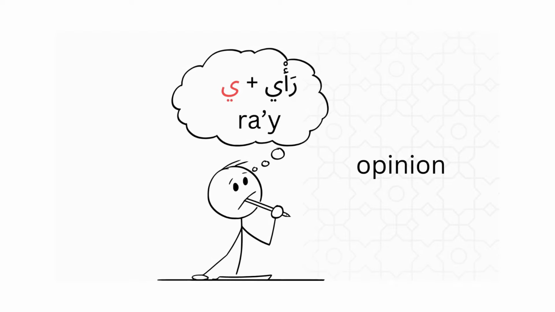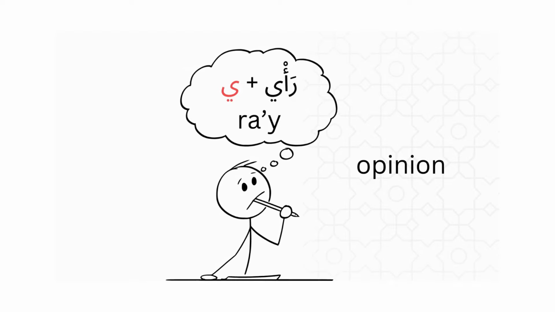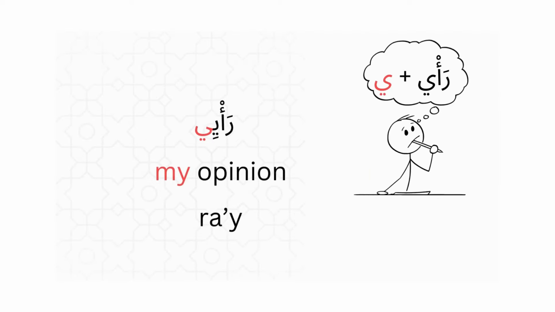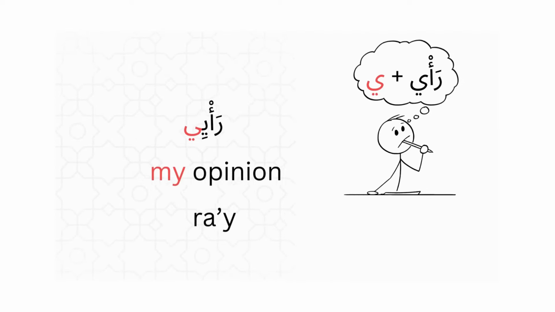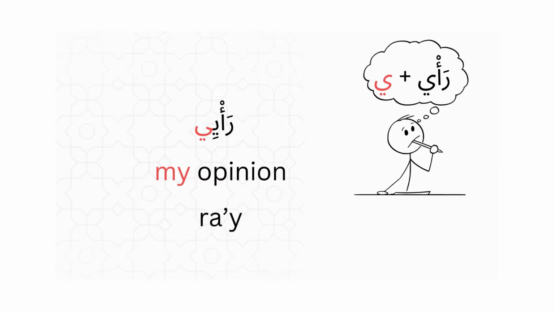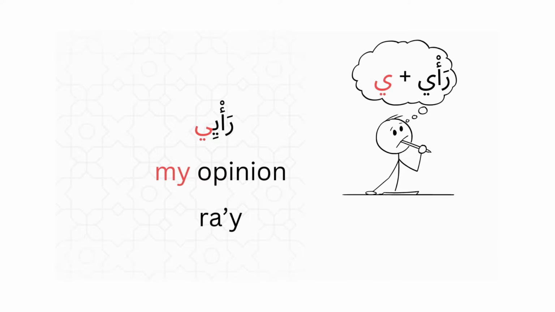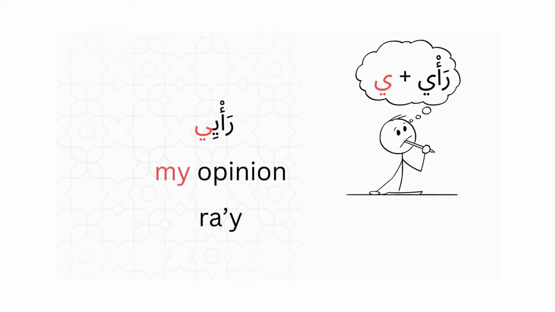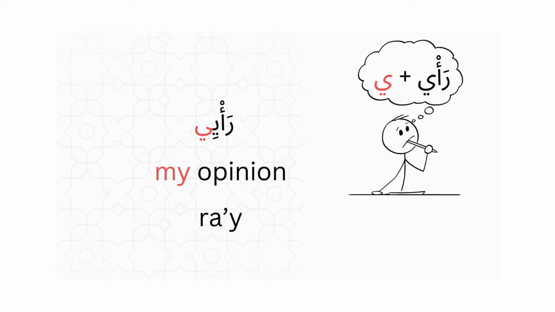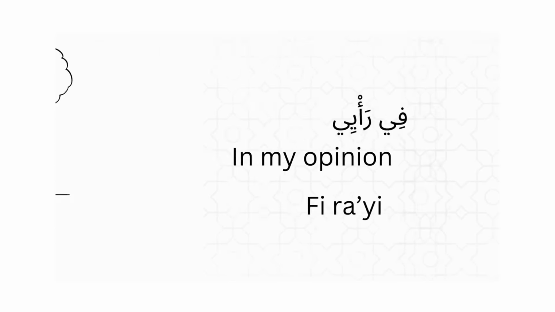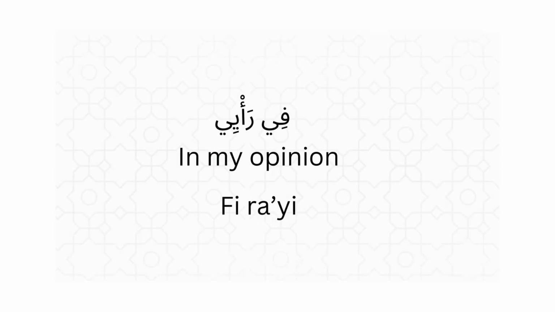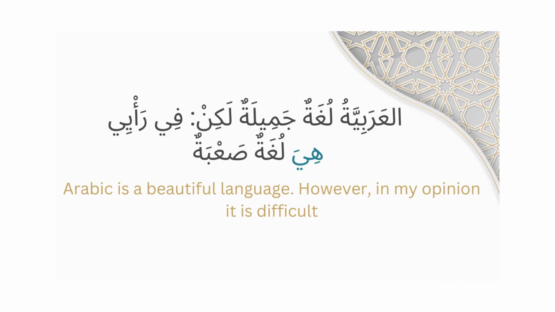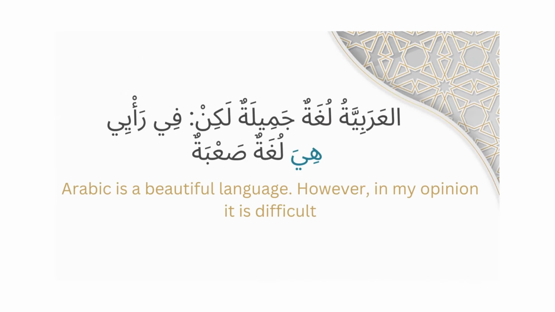The word رأي means opinion. If we add ي at the end of the word رأي, we end up with the word رأيي, which means my opinion. And to say in my opinion, we say في رأيي. العربية لغة جميلة، لكن في رأيي هي لغة صعبة.